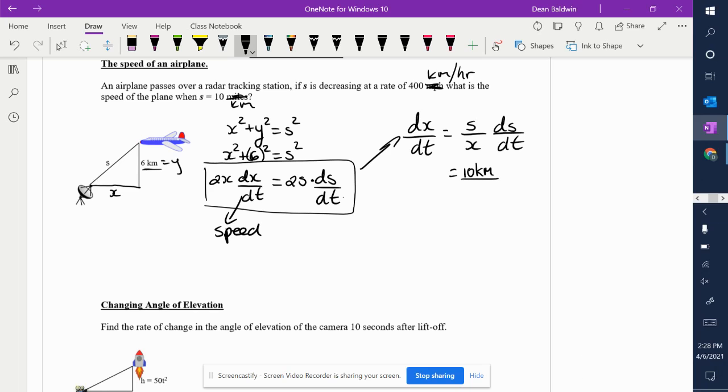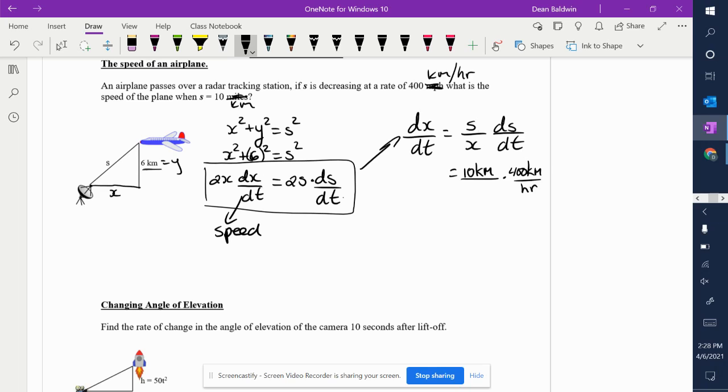These 2 things? Yes. What's ds dt? 400, right? What is x? We don't know it, right? But can we find it? How?